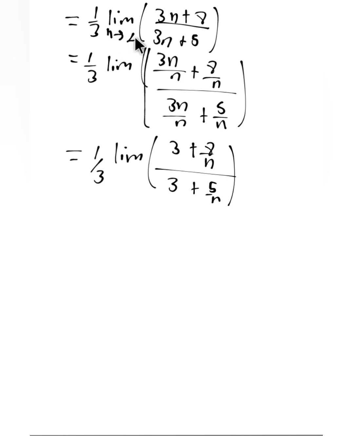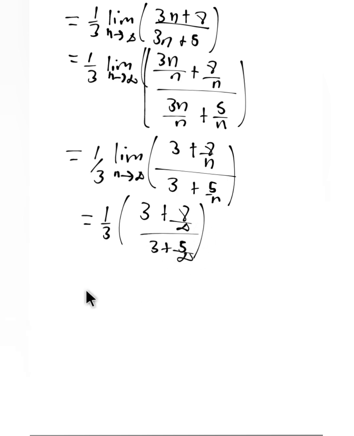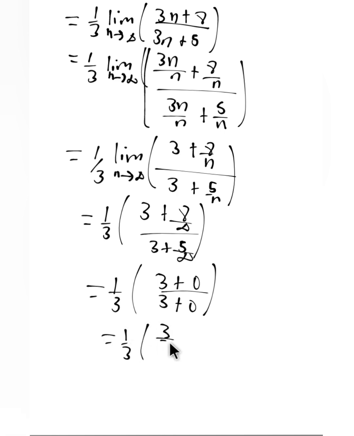As n tends to infinity, 8 over n and 5 over n tend to 0. So this gives us 1 over 3 into 3 plus 8 over infinity all over 3 plus 5 over infinity, which equals 1 over 3 into 3 plus 0 over 3 plus 0, equals 1 over 3 into 3 over 3.